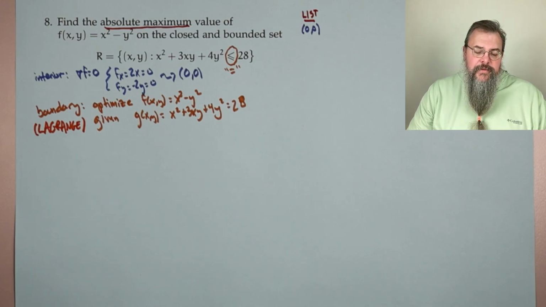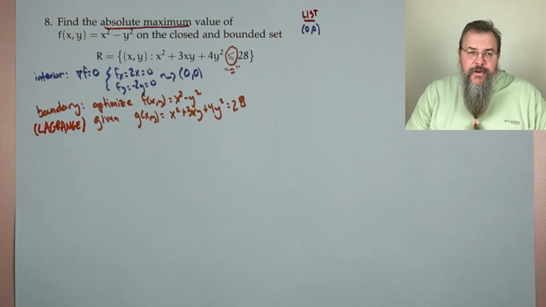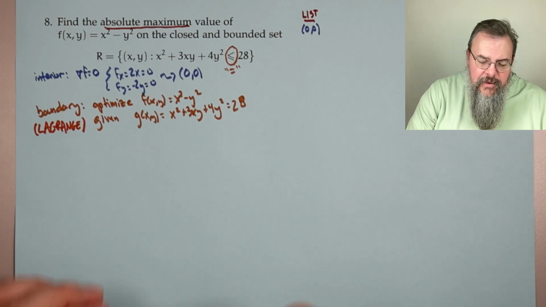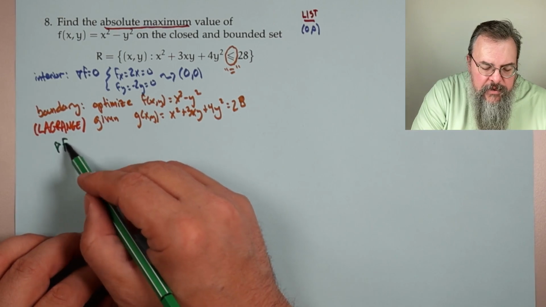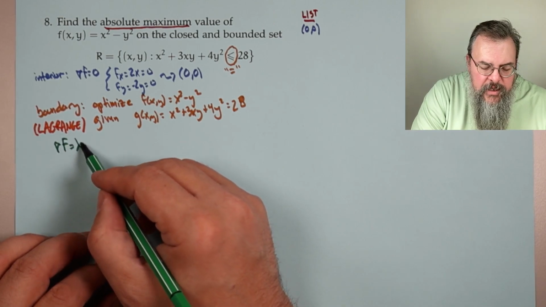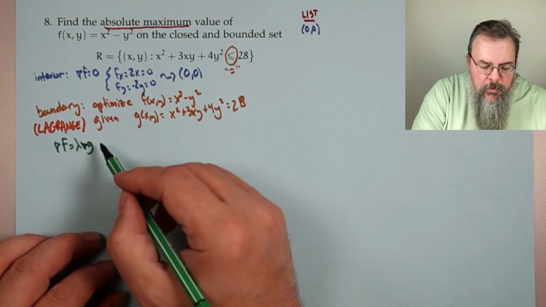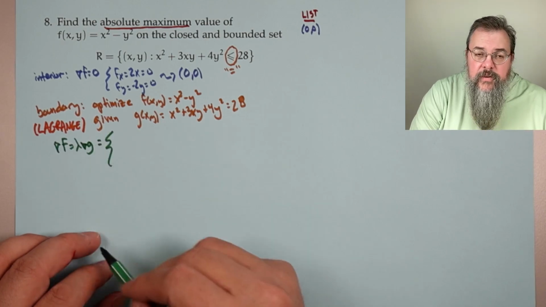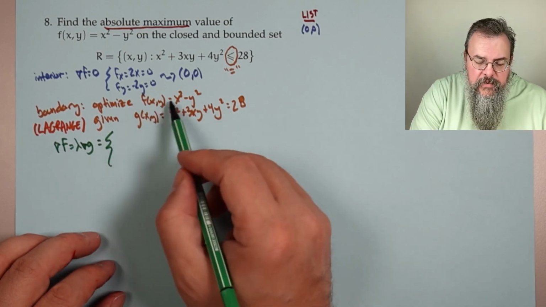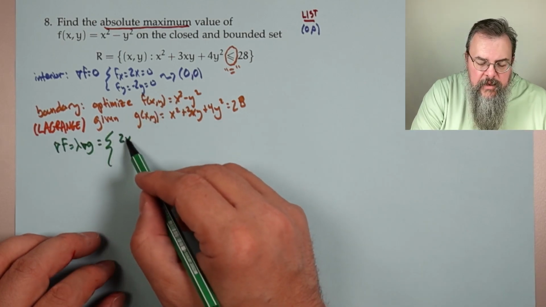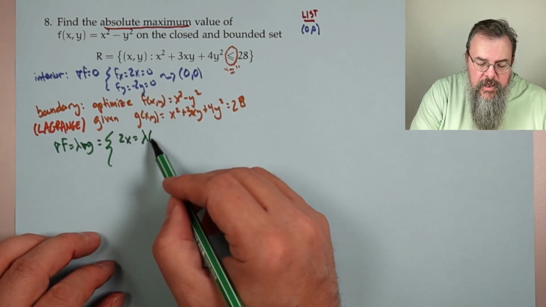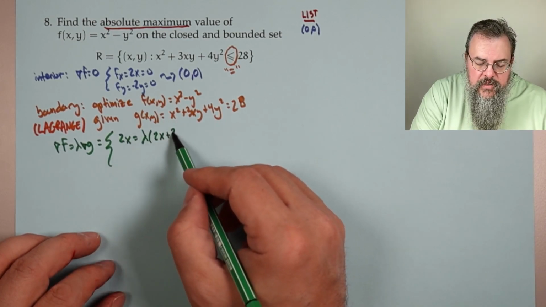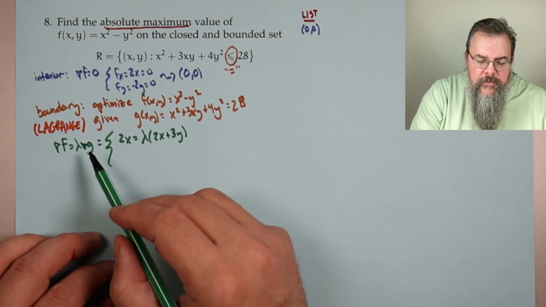Okay, so now we've got our plan, Lagrange multipliers. So on the boundary, we're going to look for where the gradient of f equals lambda gradient of g. Well, that's going to lead us to some equations. So gradient of f, 2x, equals lambda gradient of g. That would be 2x plus 3y.